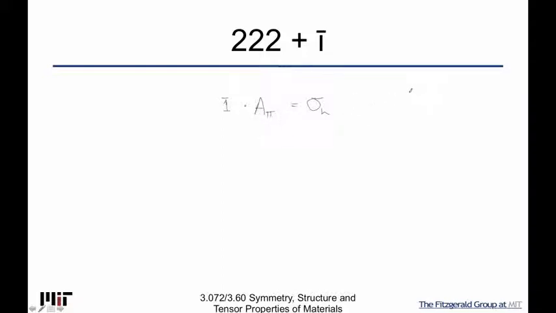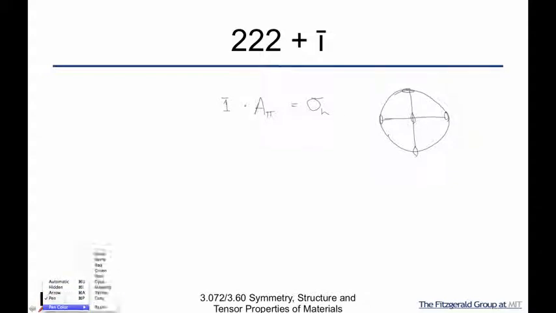If I take the twofold axis available in the 222, and I put in an inversion, what this means, as we discussed before, is that it is automatically going to put in a mirror plane.